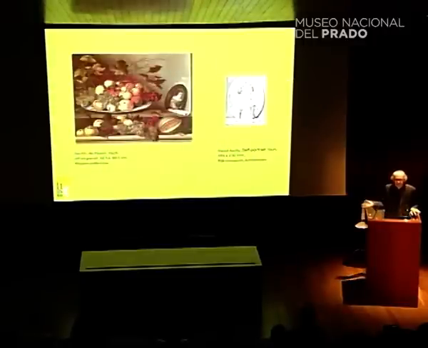But then slowly he's looking around himself and looking at other kinds of paintings. And being in Leiden, he also looks at other artists working in Leiden. And to the right, you see a drawn self-portrait by Jan Davidsz de Heem, who was a very important portrait painter and still life painter.